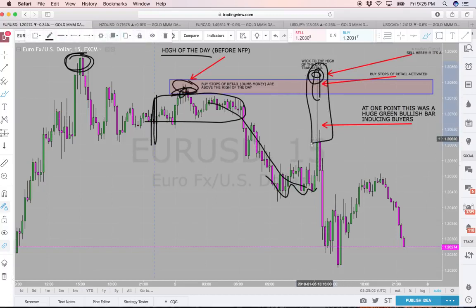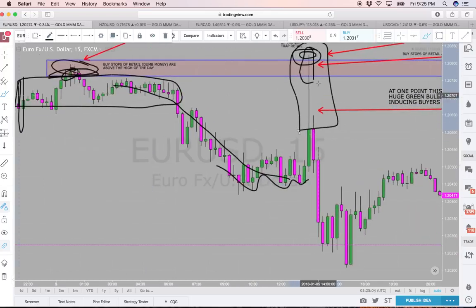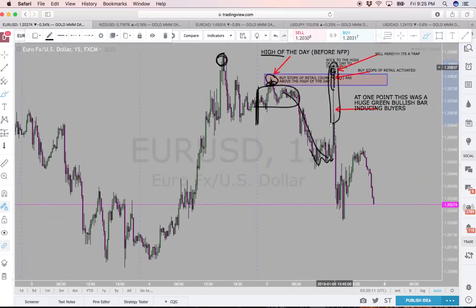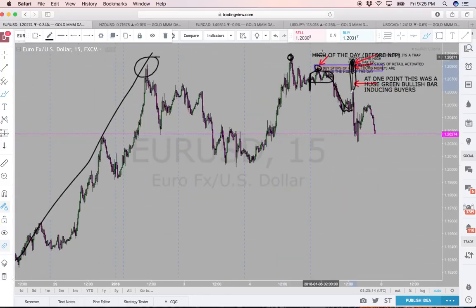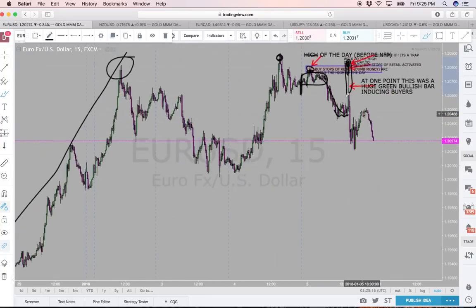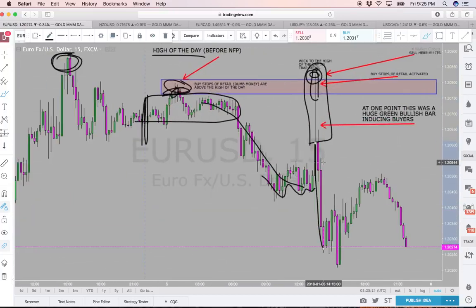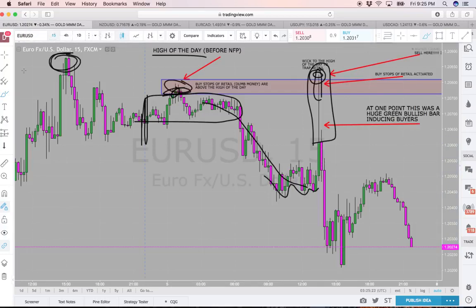There's millions and millions of dollars trapped in this wick, you guys, from retail traders that bought into this, thinking that this uptrend was going to sustain itself. We can see it did not, and it fell off a cliff. Basically, I believe that was around a 30 pip move.